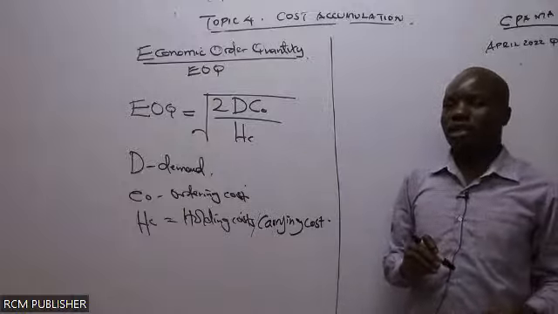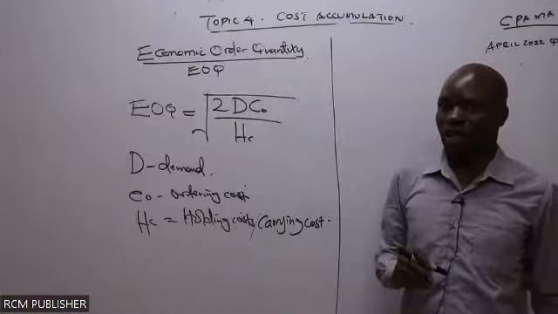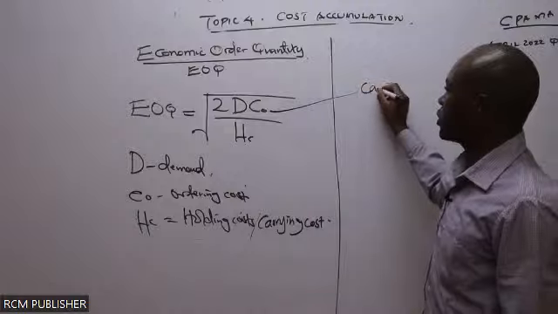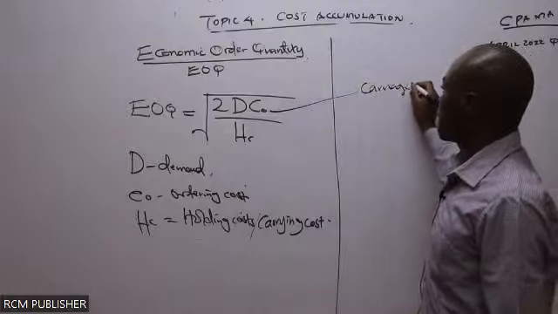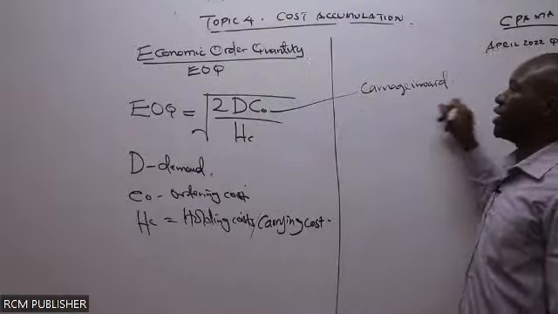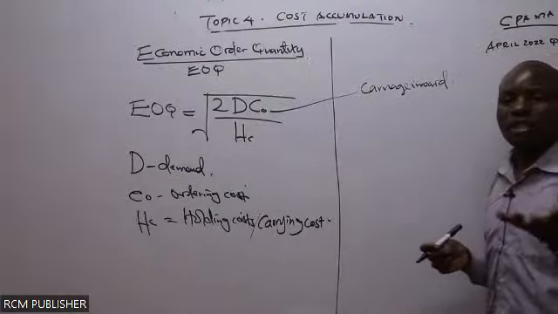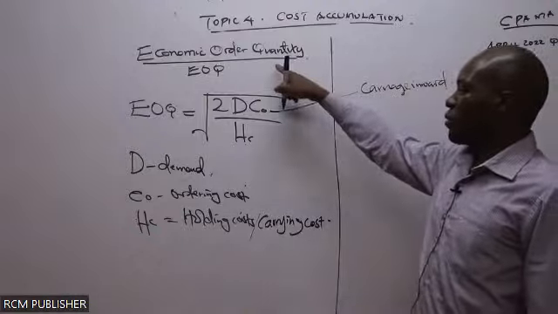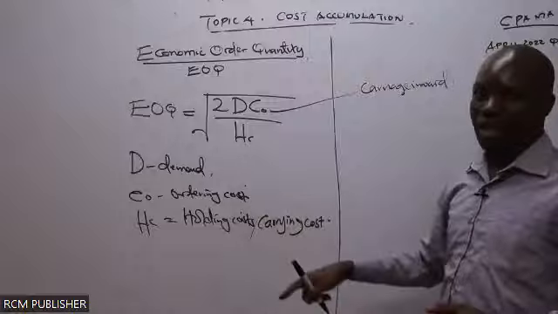If you are doing manufacturing and you are going to purchase raw materials, maybe in the FA, you are going to call it carriage inward. But now, if you come to management accounting, we are giving it a new name called ordering cost. So that is the name.